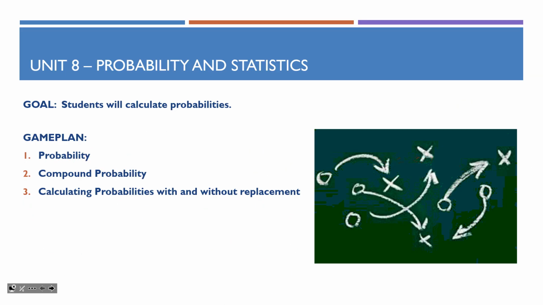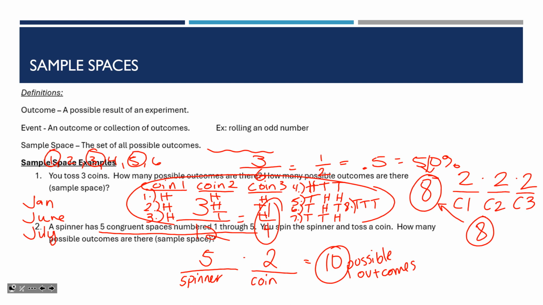And if you think about this, we actually thought about this when we did our sample space. Let me go all the way back. Oh, I went too far. So this second example here, when we did sample space, we said there's 10 possible outcomes. We didn't list them out, but if I listed them out, there's 1, 2, 3, 4, 5, 6, 7, 8, 9, 10, right? 10 possible outcomes, like we said.